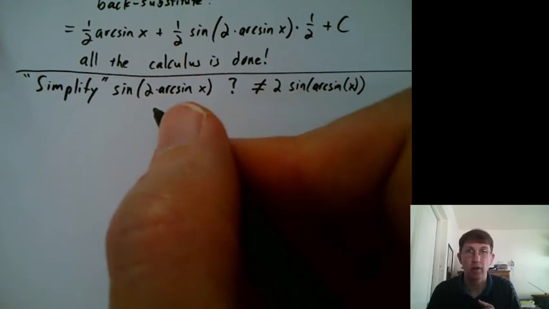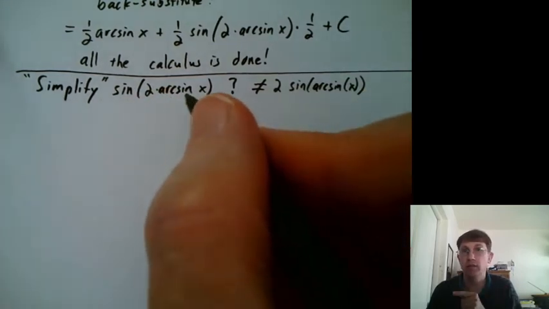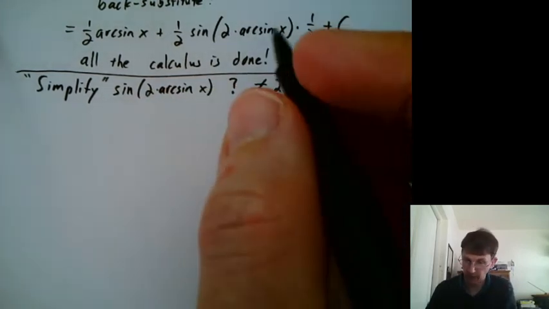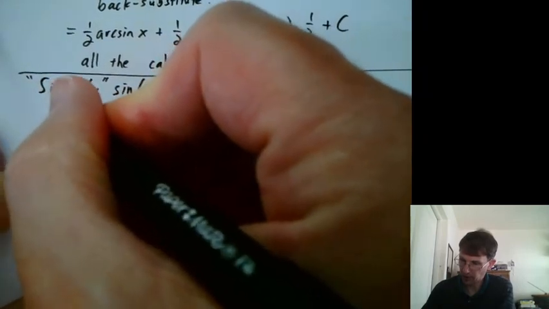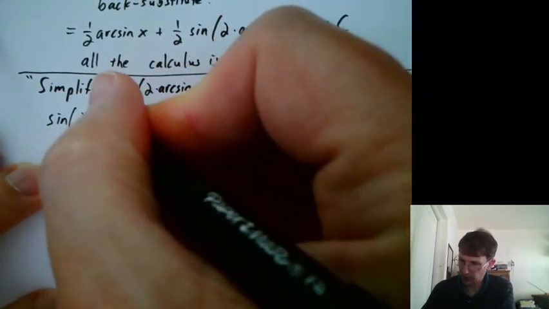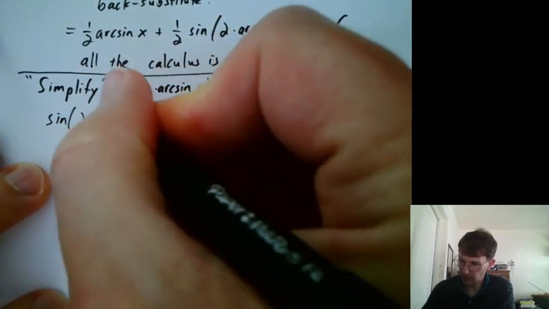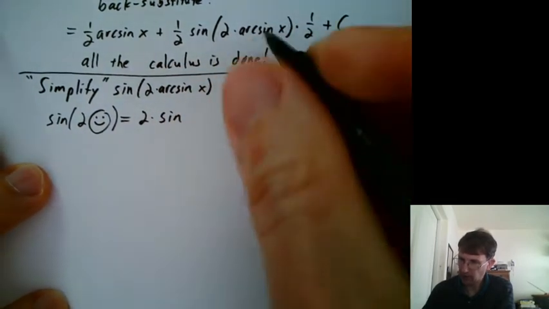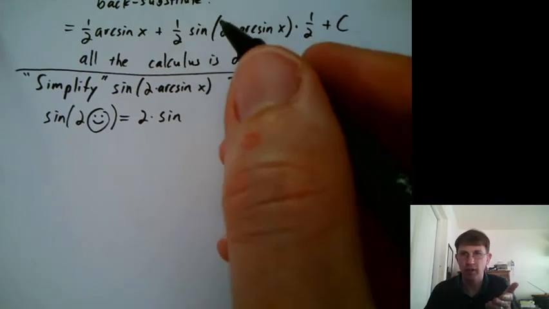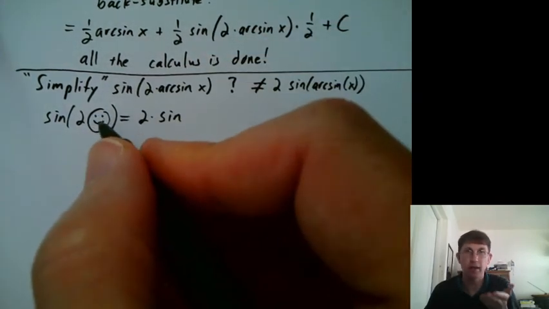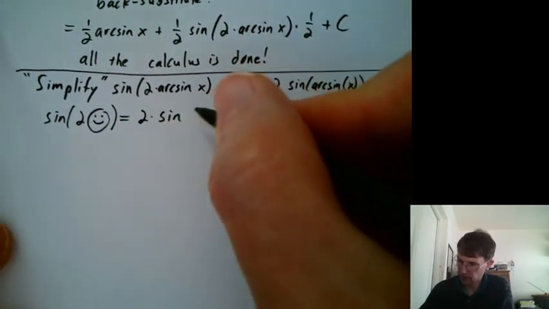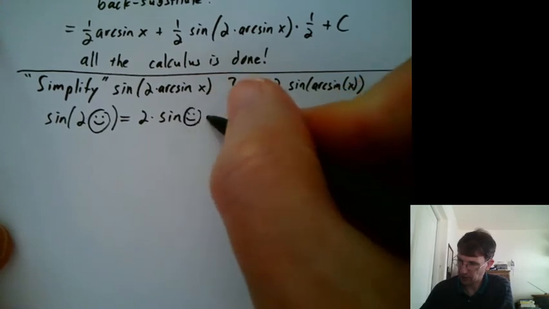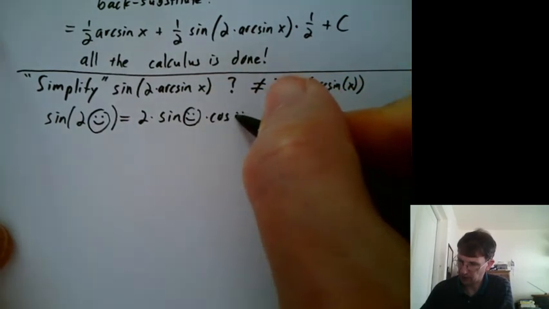What can we do? Well, we have sine of 2 times something, and we have a trig identity about that. So remember we have sine of, let's say, 2 happy face equals, so I don't want to use theta because we used theta above already. I'm just saying 2 times anything here gives you 2 sine happy face times cosine happy face.